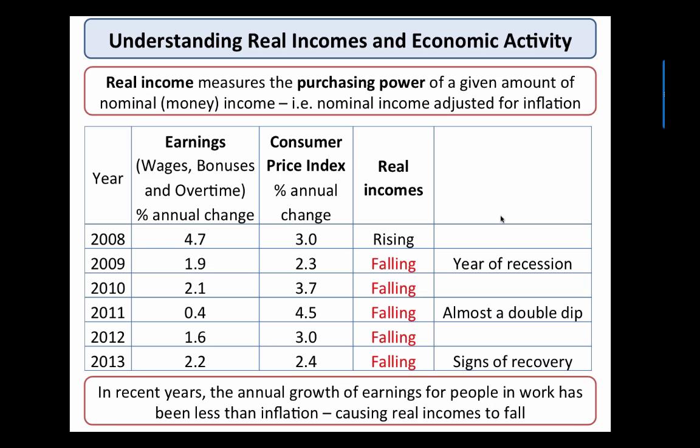Can you see that? The result, of course, is that real incomes, on average, for many people, have actually been falling. Even though the economy came out of recession in 2010, there have been several years where real living standards, if one looks at it as a basic measure, have actually been declining.